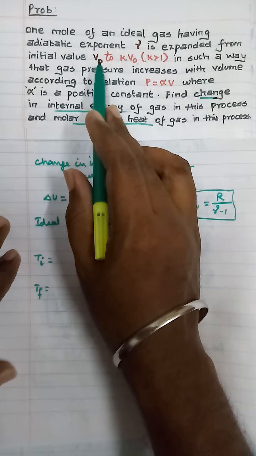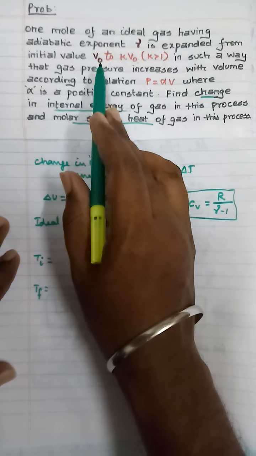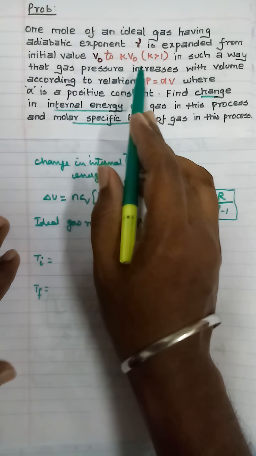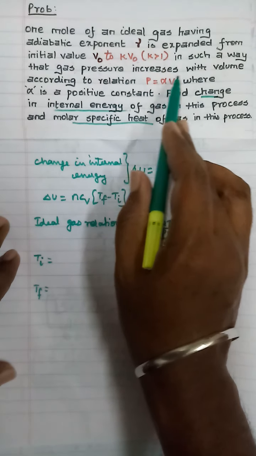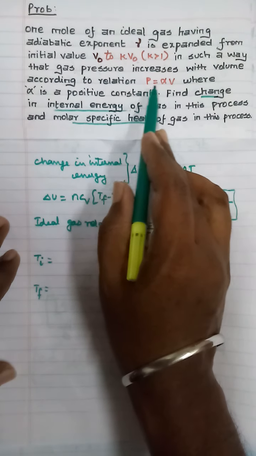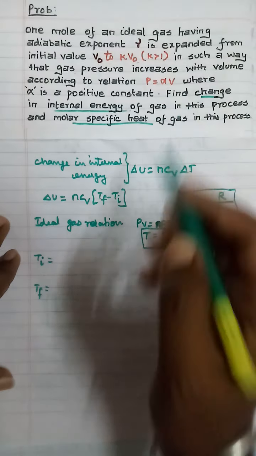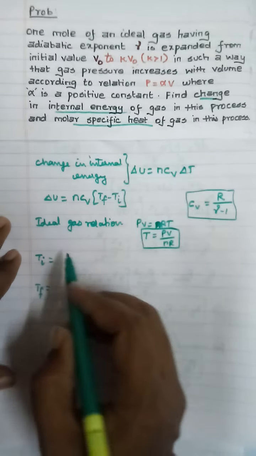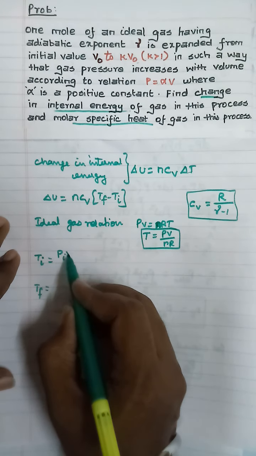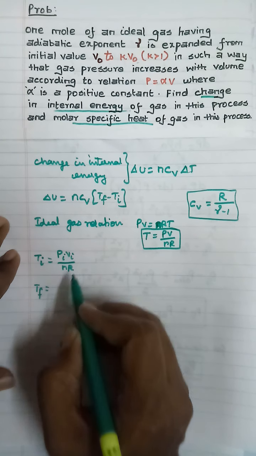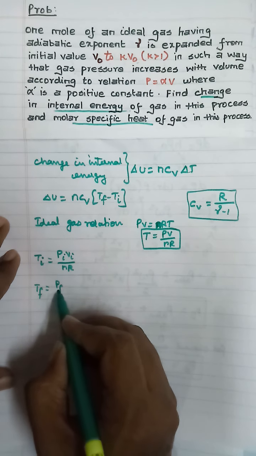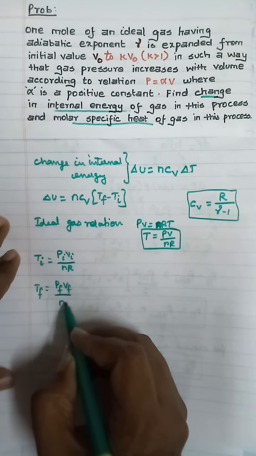If you look into the question, the volume is changed from V0 to kV0. At the same time, the pressure also increases with volume with the relation P is equal to alpha V. So from this ideal gas relation, you can write Ti as Pi Vi by nR. Likewise, you can write Tf as Pf Vf by nR.